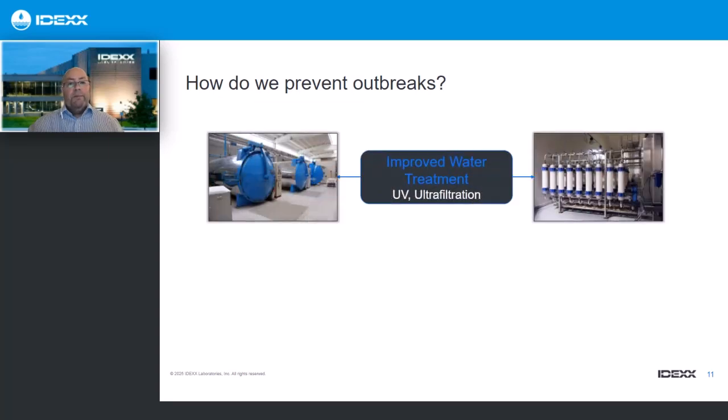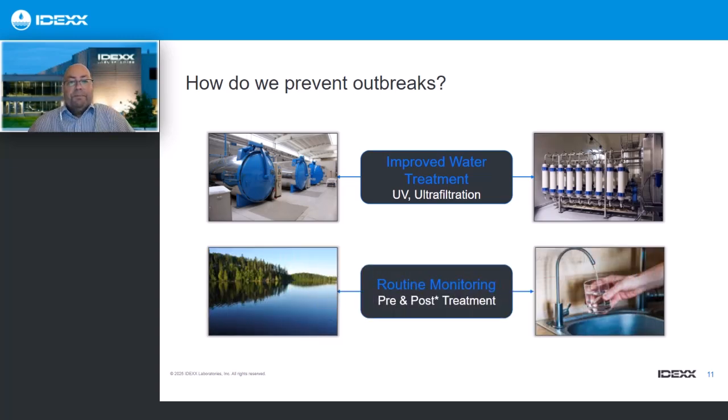How do we prevent outbreaks? Over the years, we've improved water treatment, particularly with ultrafiltration and UV treatment, which are very effective as either physical barriers to Cryptosporidium entering drinking water, or the UV treatment would effectively render the Cryptosporidium and the Giardia non-infective.